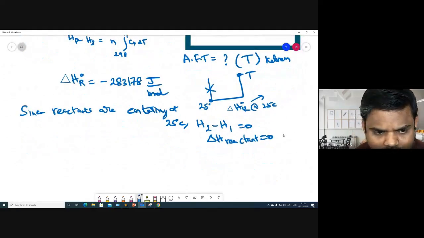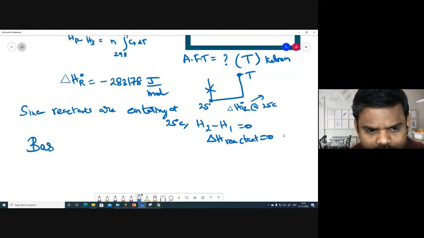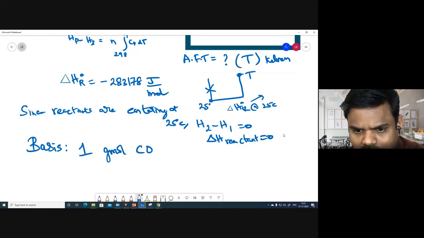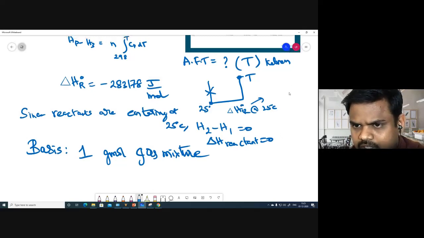Now what is delta HR? Let us first go for the basis. Data is given in gram moles only, so let us take 1 gram mole of gas mixture as the basis.